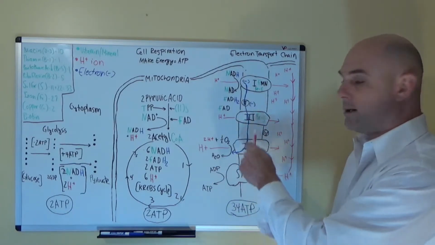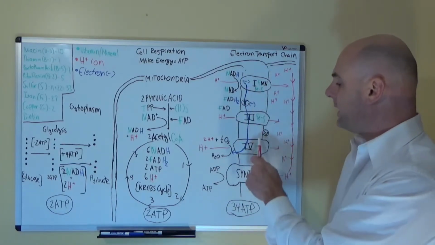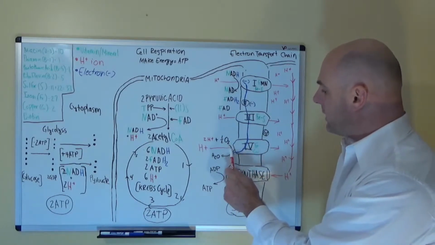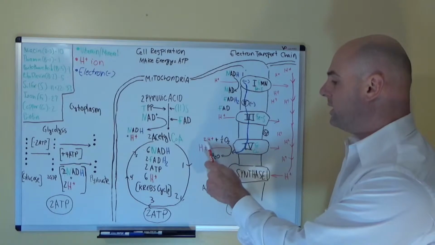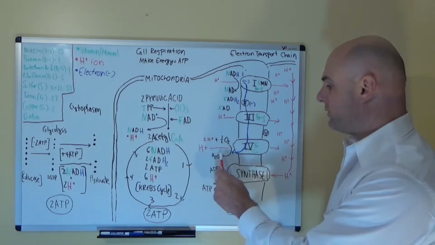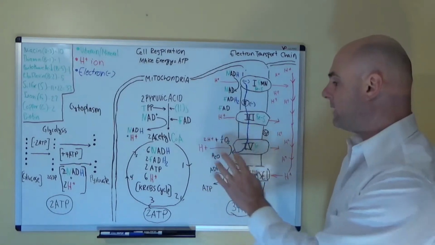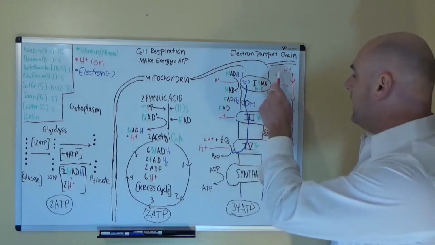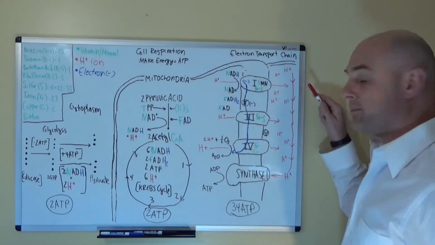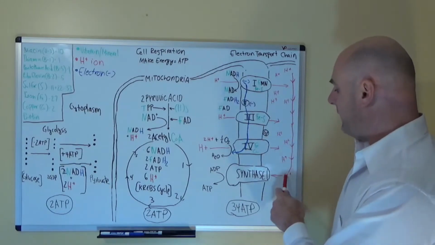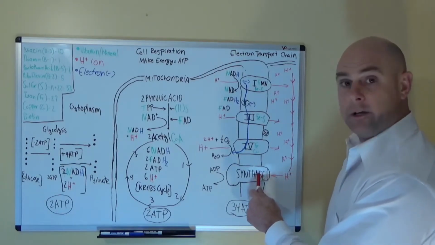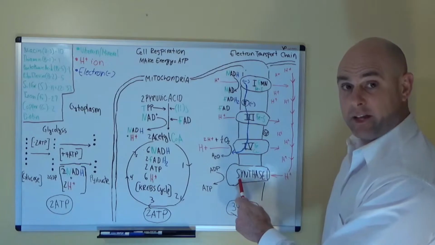we have these carrier proteins in the fatty layer coming out at complex 4, turning a half of oxygen and 2 protons into water. So it's stabilizing the charge. And we have all this energy built up over here of these hydrogen protons, and they're going to be pushed through something called ATP synthase.